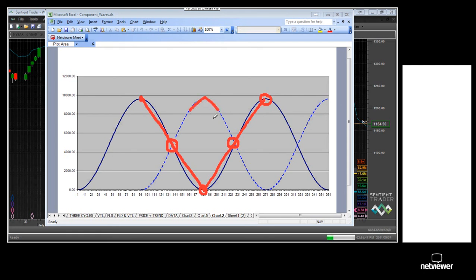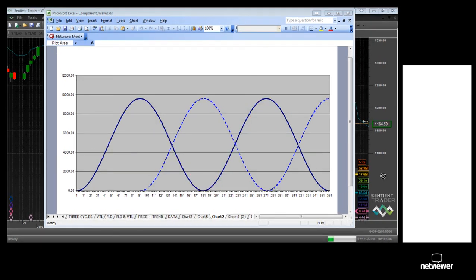The other thing that Hurst noticed is that when an FLD forms a peak, such as happens here, price often forms a trough. Not often, price always forms a trough, according to the mathematics of FLDs. When the FLD forms a trough, price forms a peak. Okay? So that's what Hurst pointed out about the mathematics of FLDs.